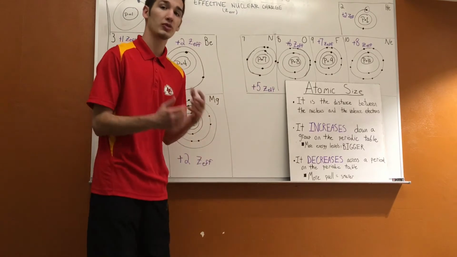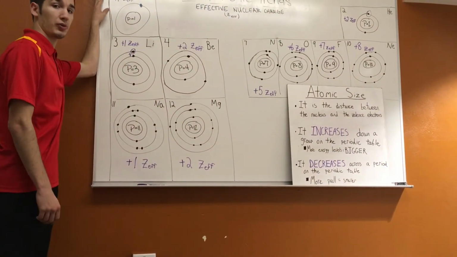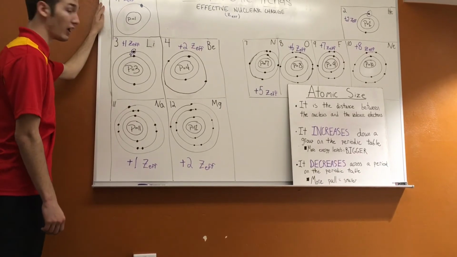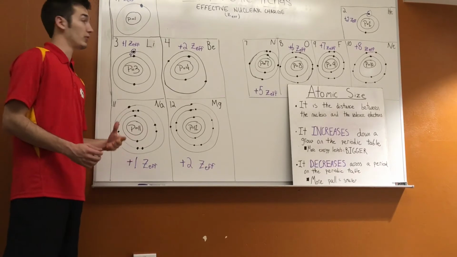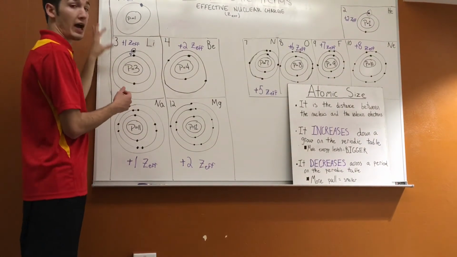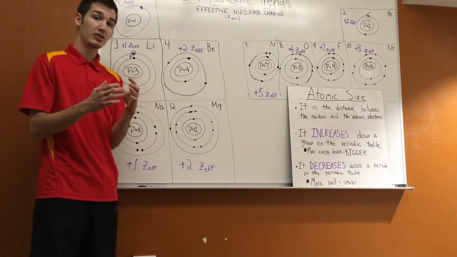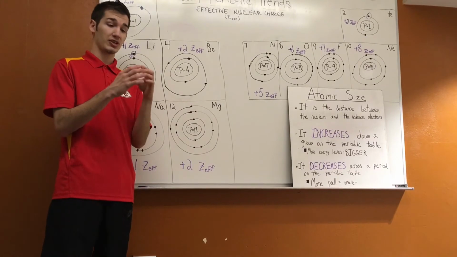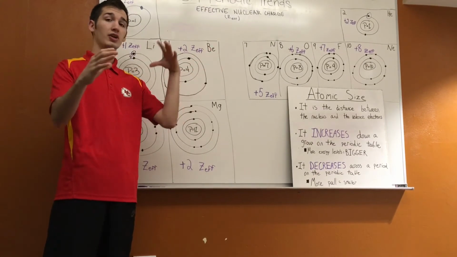Well, let's look at how atomic size changes as we go down a group. Atomic size will be increasing as we go down this group, because, as you can see, we're adding energy levels every time we go down. As you add energy levels, your atomic size is going to get bigger: 1 energy level, 2 energy levels, 3 energy levels, and so on.